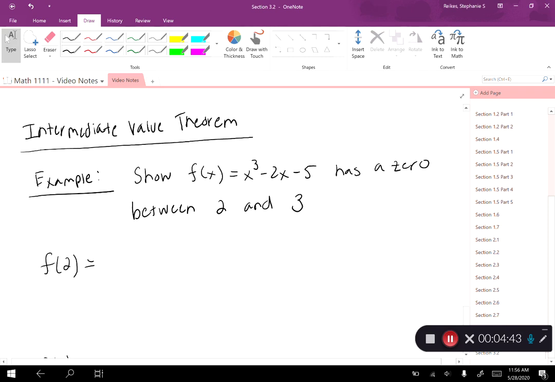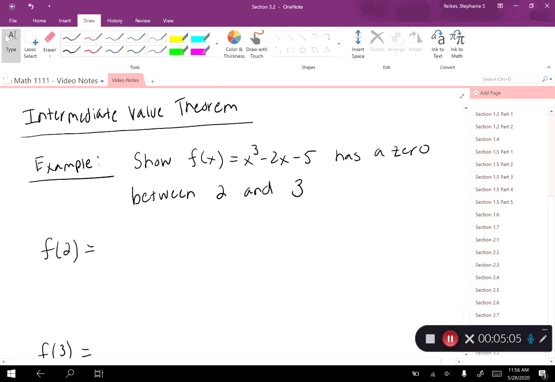Next, I want to talk about the intermediate value theorem. This states if f of a and f of b have opposite signs, then there is at least one value of c between a and b for which f of c equals 0. This is better shown with an example.